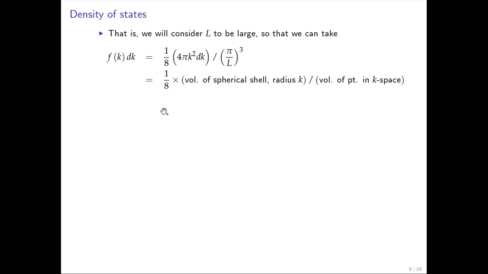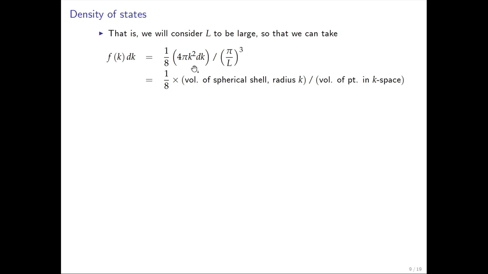And it's going to be 1/8 because we're only taking the positive quadrant. So in 3D space, there are 8 octants, and every place where the k's are positive is 1/8 of a sphere. And then this factor here is the volume of a spherical shell at radius k. So it's the surface area, 4 pi k squared, times the thickness, dk.